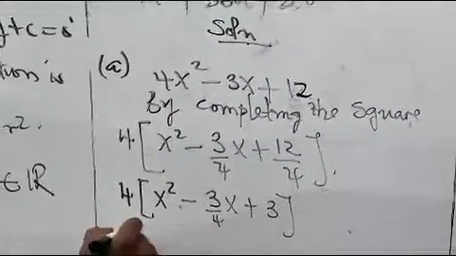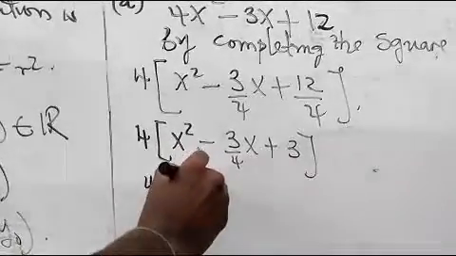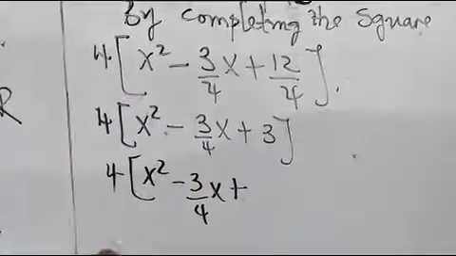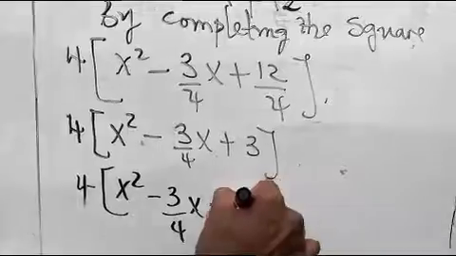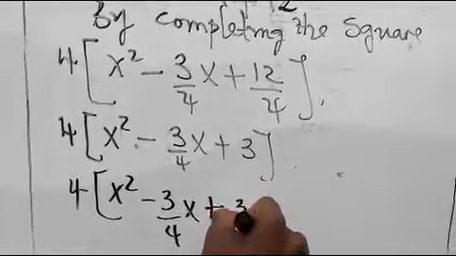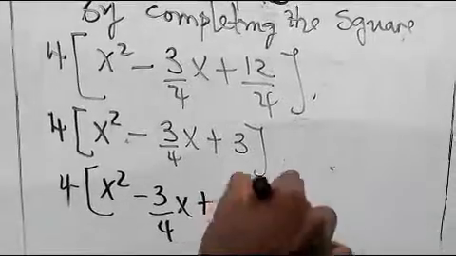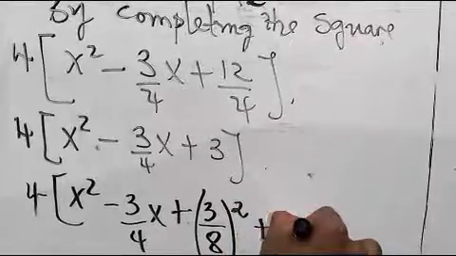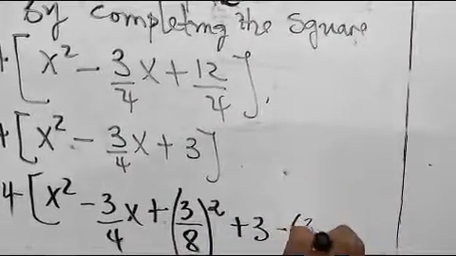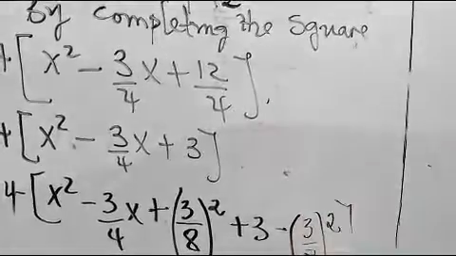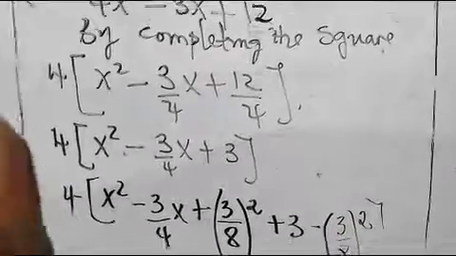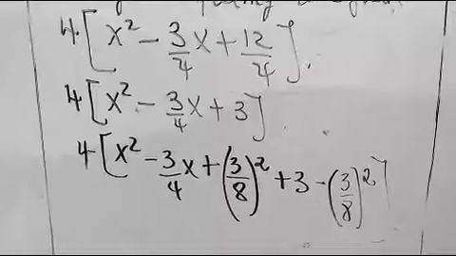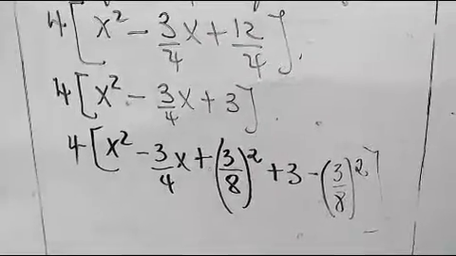So we simply have 4 into (x squared minus 3 on 4x plus (3 on 8) all squared, plus 3 minus (3 on 8) all squared). We close. So we are adding the square of half the coefficient of x and subtracting it at the same time.